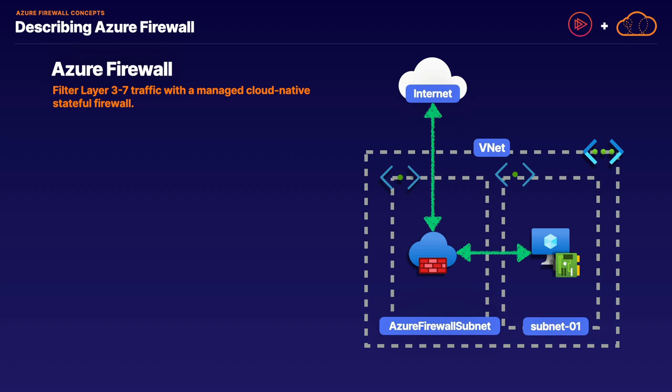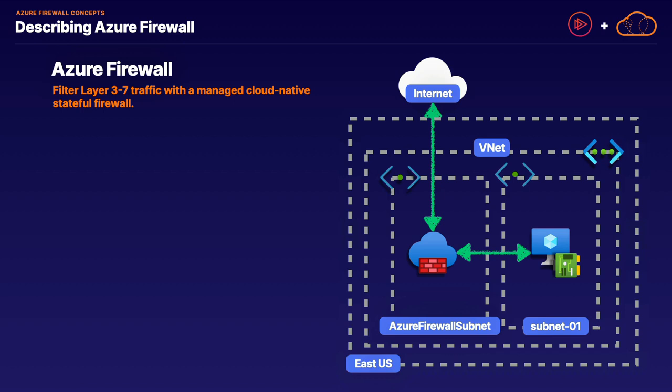While we deploy our Azure firewalls into a purpose-built Azure Firewall subnet inside of a virtual network in a specific region, we can filter traffic from other regions for peered networks, hybrid networks, on-premises, as well as in other cloud providers. But for the best performance, we create a firewall per region.